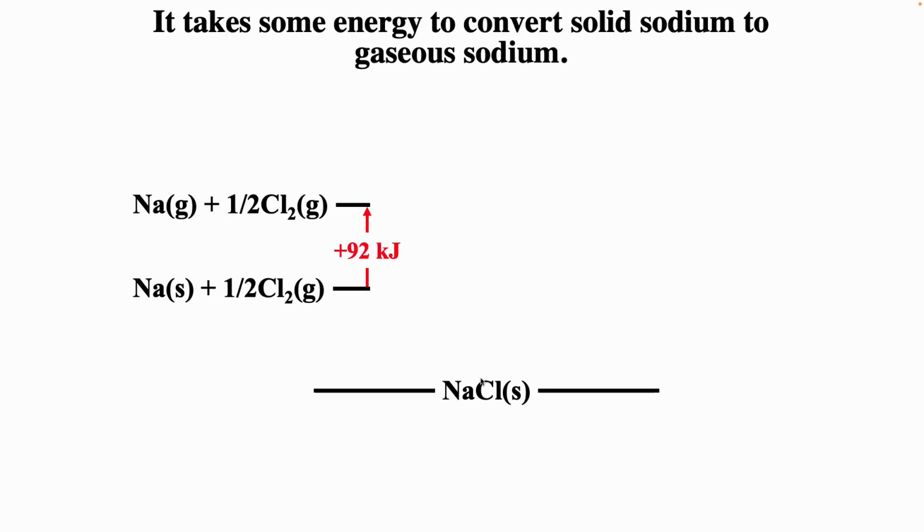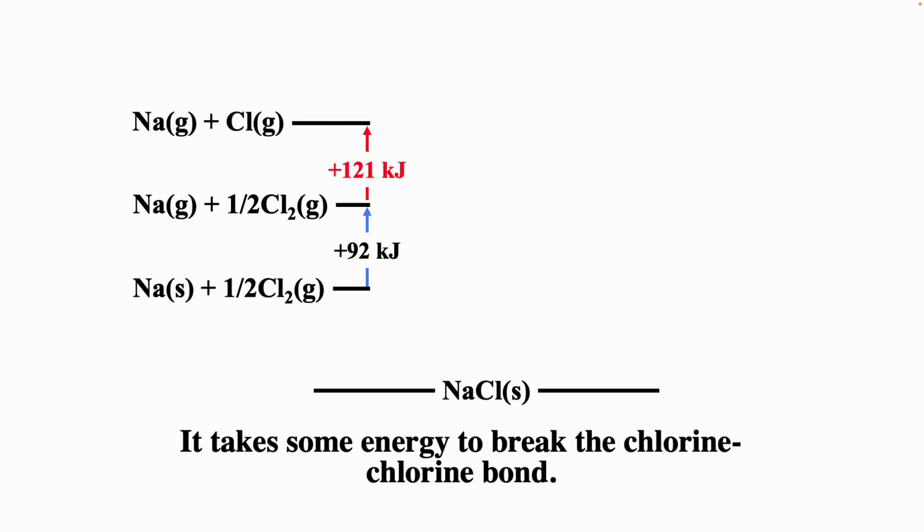And so the first step we can think about is converting from sodium metal to sodium gas. And so that would take about 92 kilojoules per mole. Then we can think about going from the chlorine molecules to chlorine atoms. That would cost 120 kilojoules per mole.